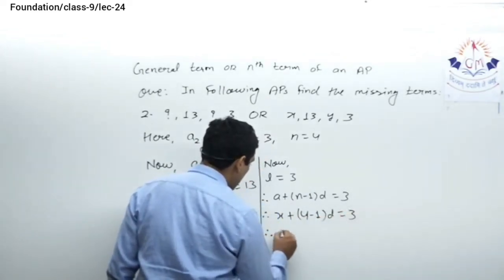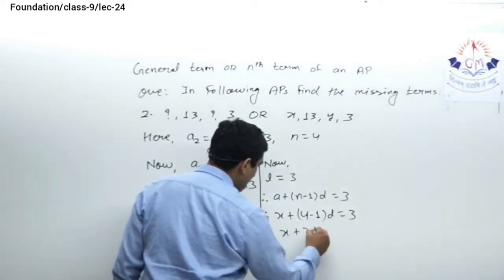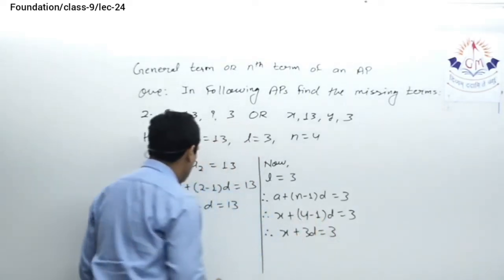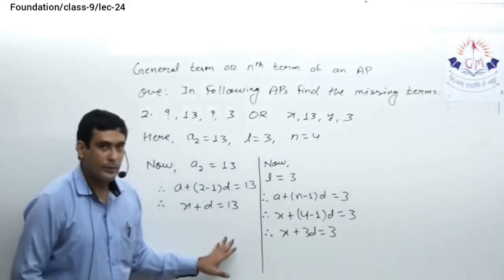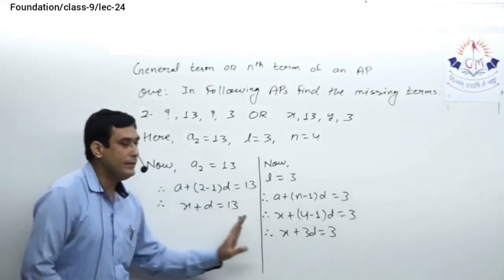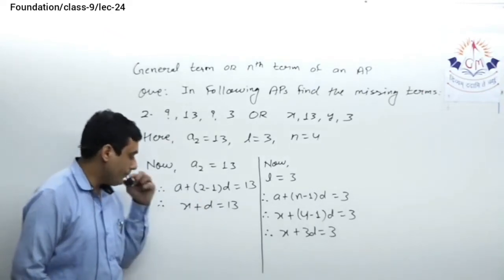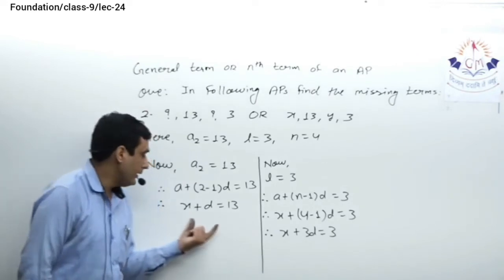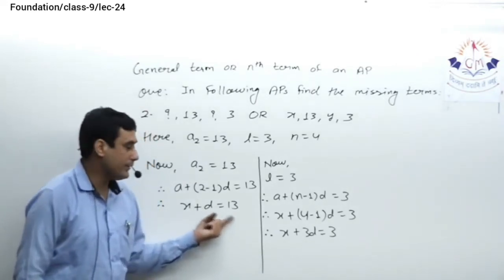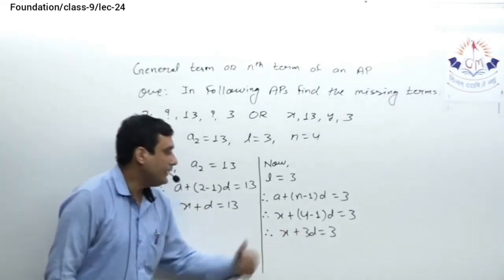So x plus 3d is equal to 3. Now arithmetic progression is over and the pair of linear equations in two variables gets started. We have two equations, x plus d equal to 13, x plus 3d equal to 3.